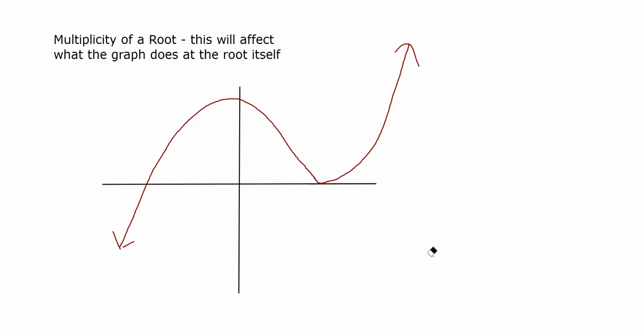So if we wanted, let's say just for kicks, that the x value here, the root, has an x value of 3. And then let's say right here, this root has an x value of negative 4.